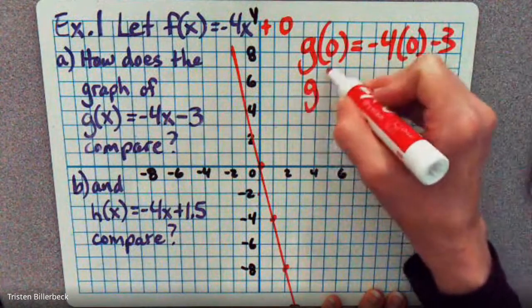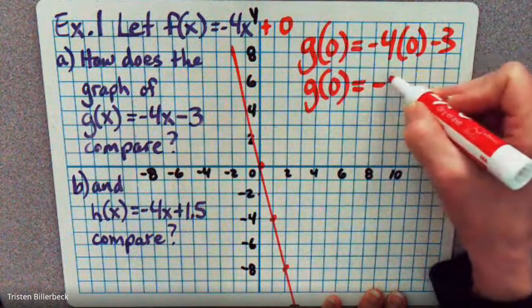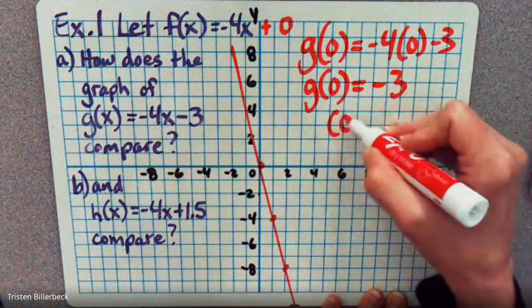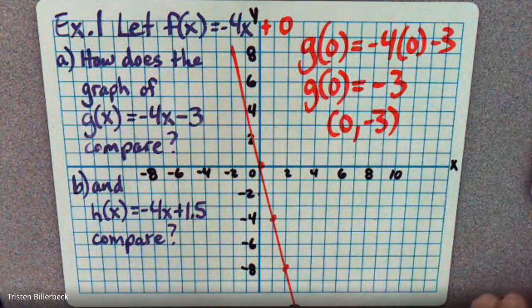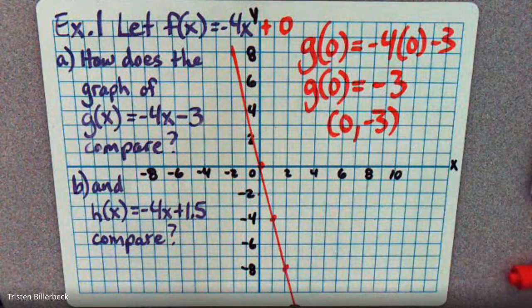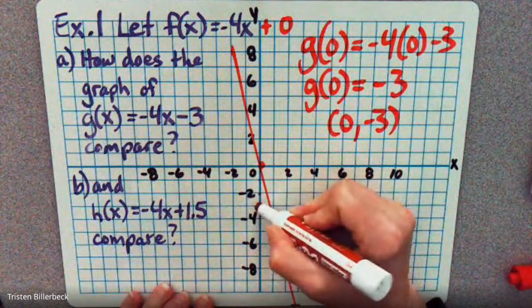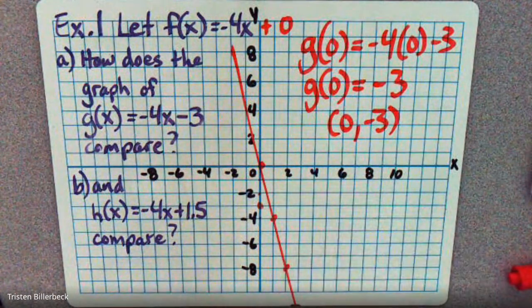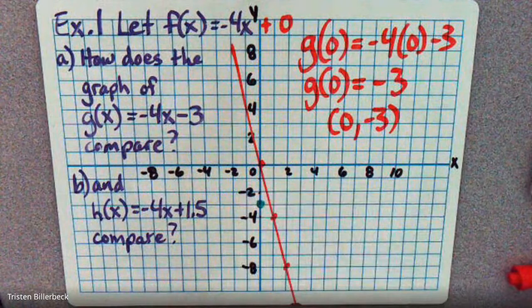At g of 0, we don't go through the origin anymore. We go through negative 3, the point (0, -3). So let's plot that one. Let me use green so you can see the difference.